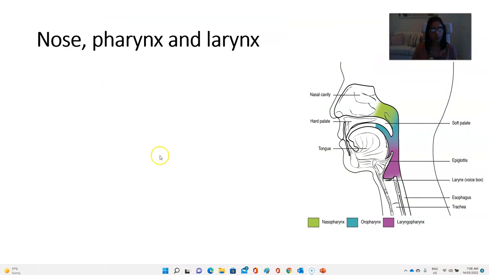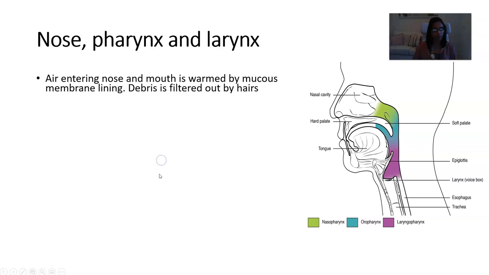Okay, so now we're going to be looking at each of those structures in turn to make sure that you understand the significance. So first of all, as I've mentioned, air enters the nose and the mouth, and it reaches the nasal cavity. Now, within the nasal cavity, it's lined by epithelial cells which secrete mucus.